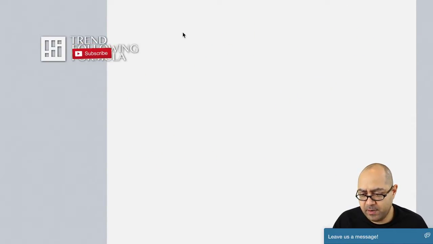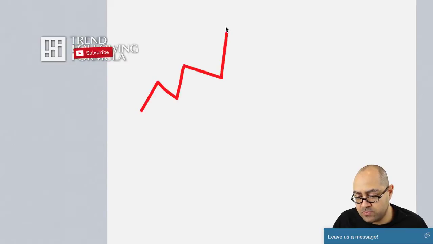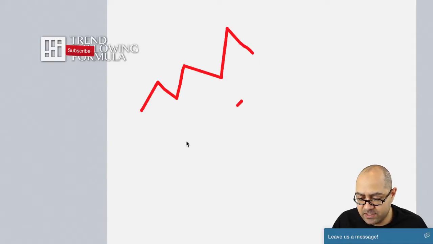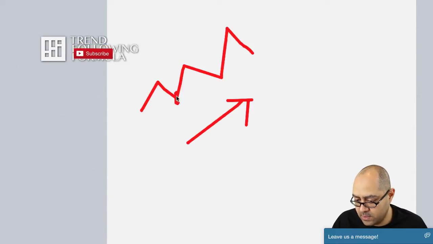If you remember from the previous slide, we said this is a sequence of higher highs and higher lows. What we need to do is understand that trend. To define this, you need to have a minimum of a high and a low. That is a higher high.